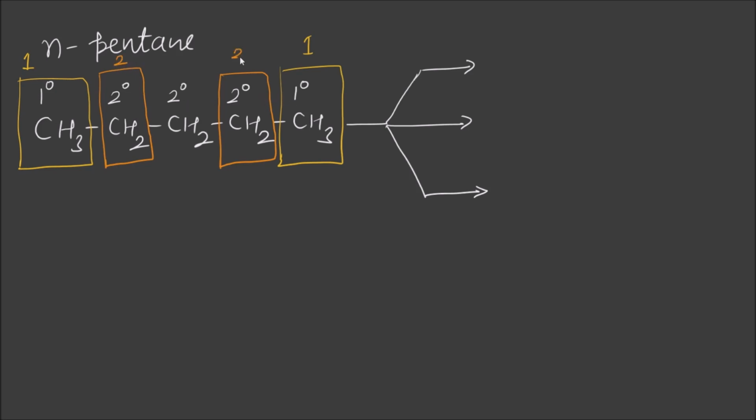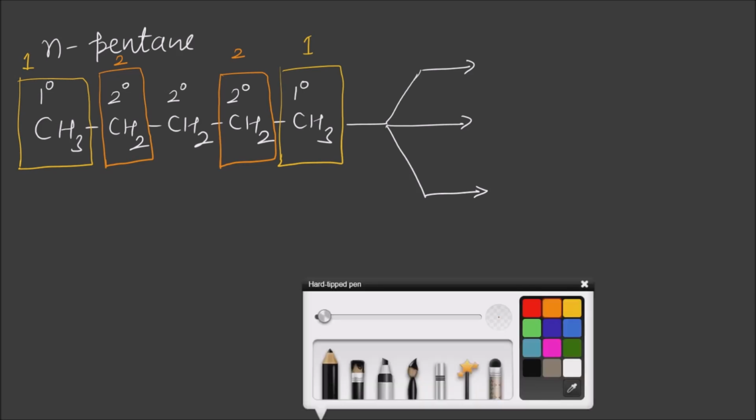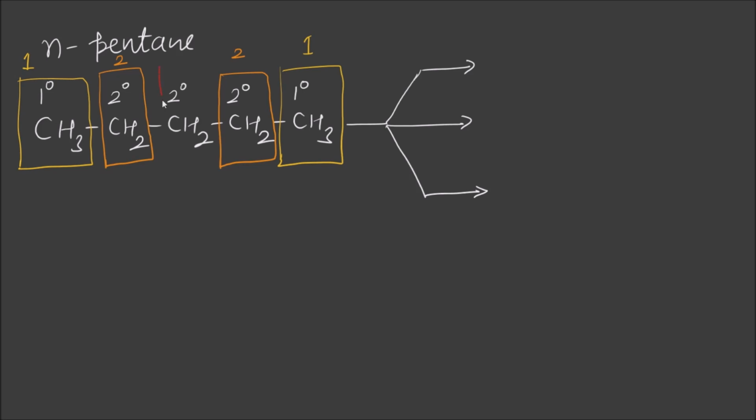So these are of the same type, but the middle one is different. Why is it so? Because this secondary carbon is attached to secondary carbons on both sides. So there are 3 types of carbons and corresponding hydrogens.